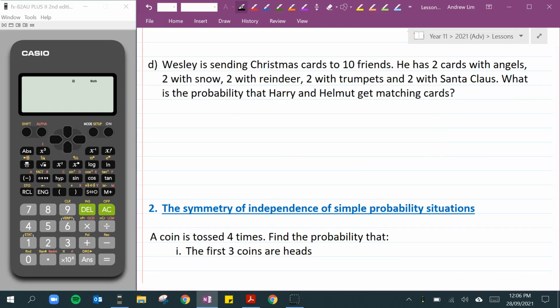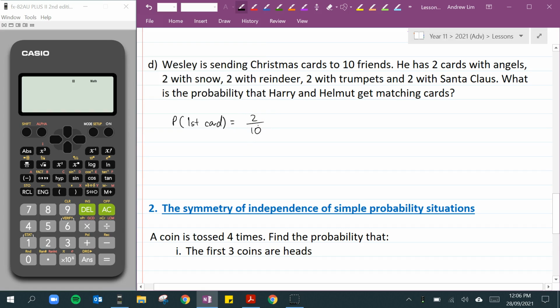Question D. Wesley is sending Christmas cards to 10 friends. He has 2 cards with angels, 2 with snow, 2 with reindeer, 2 with trumpets, and 2 with Santa Claus. What is the probability that Harry and Helmet get matching cards? So the probability of the first card, there are 2 matching cards out of 10 for each of them.